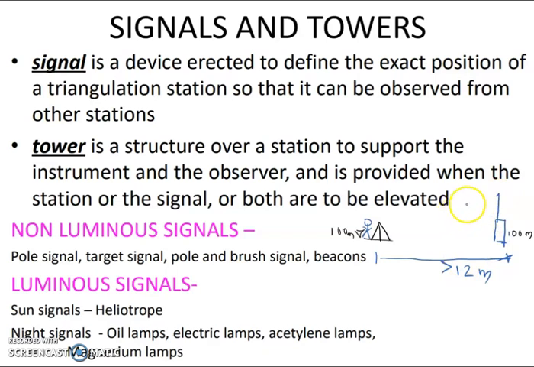Now this signal is of various types. Basically, a tower will be constructed when your station is not visible, or from here if you are viewing another instrument station, then both the instrument stations are not intervisible. So in that case you have a masonry structure over which signals are constructed. Sometimes these towers are even made of steel, they are made of wood also.